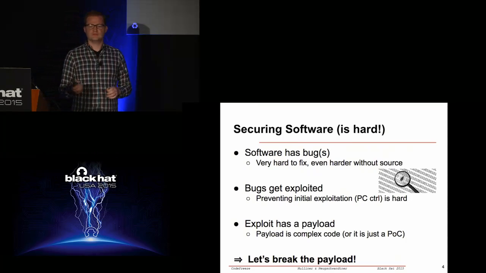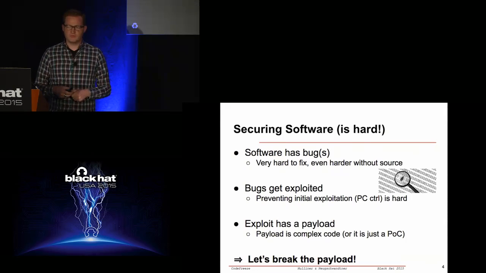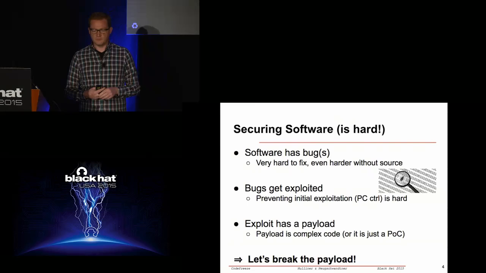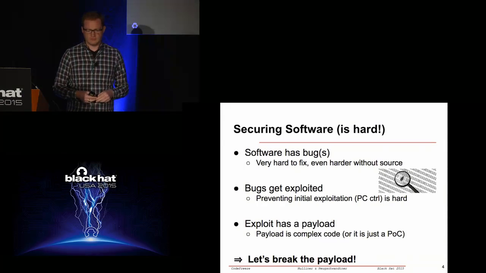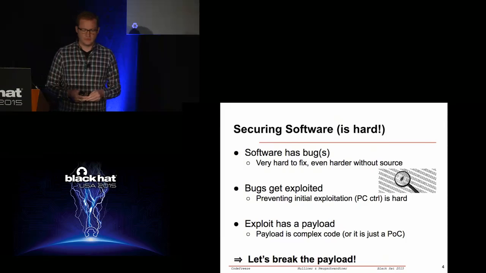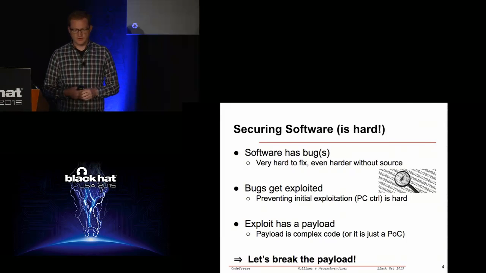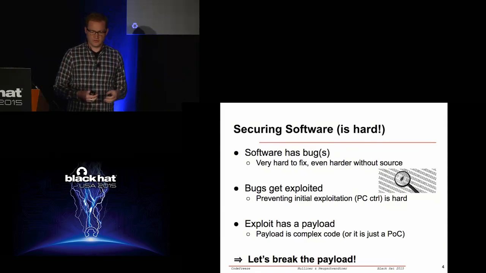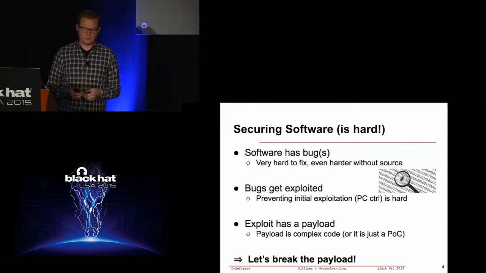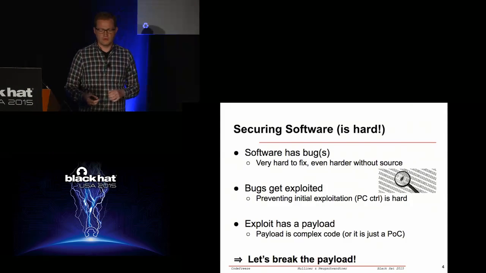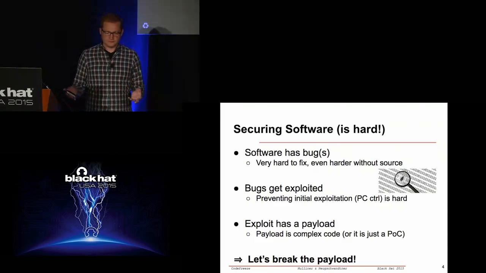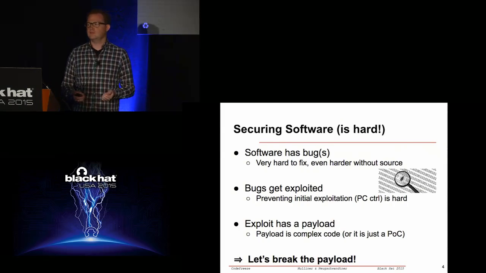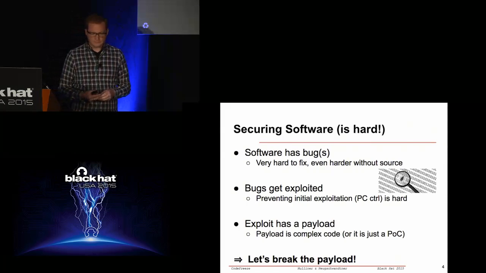So obviously software security is hard. Software has bugs and bugs are hard to fix, even harder if you don't have source code. And of course, bugs get exploited. Preventing this initial exploitation, just getting, for example, PC control, is super hard. But in order to do anything useful, exploits need to have a payload.